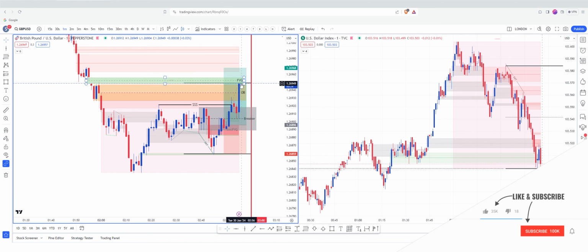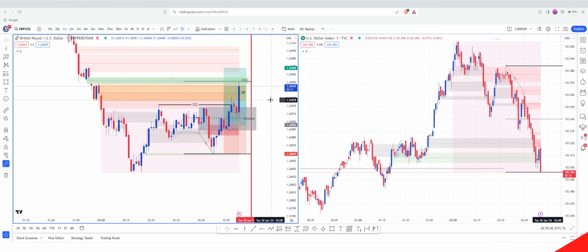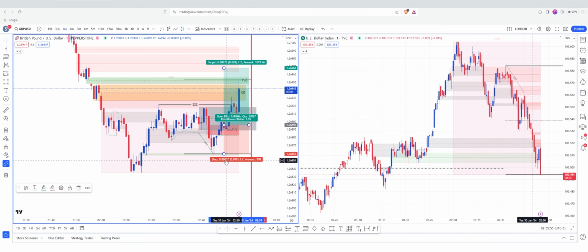Aggressive now, going for that volume imbalance. I'm still figuring out the best way of trade management on these. I do think just set and forget 2R is probably the safest. Why is the stop loss not right?